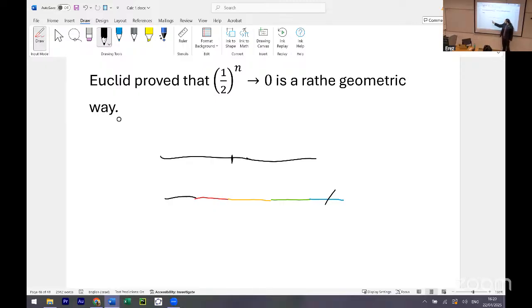Because this contains many multiples of that small piece. So this is less than half of the big one, and this is more than half of the smaller one. So it always stays the case. By the way, to be formal, it also needs induction, but I will skip it.